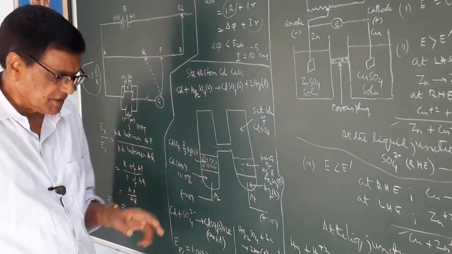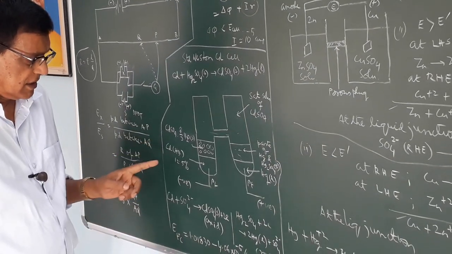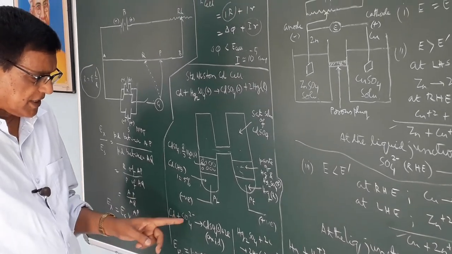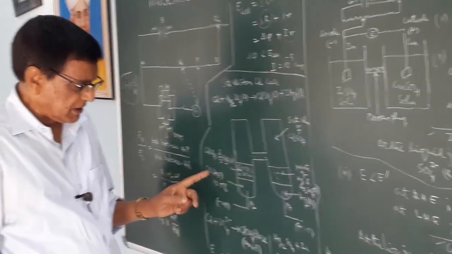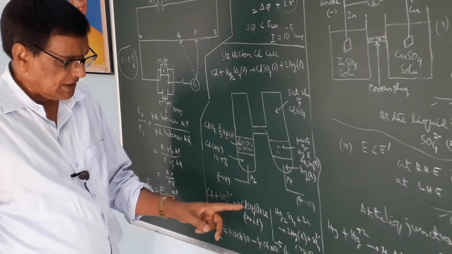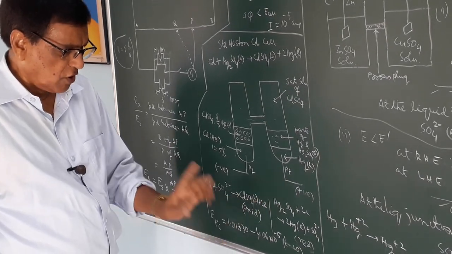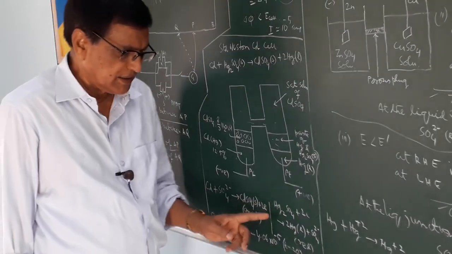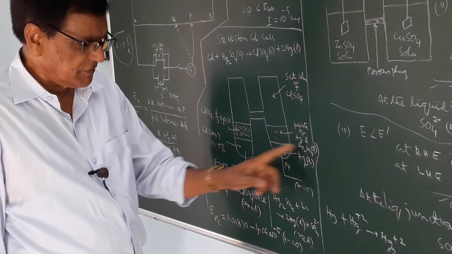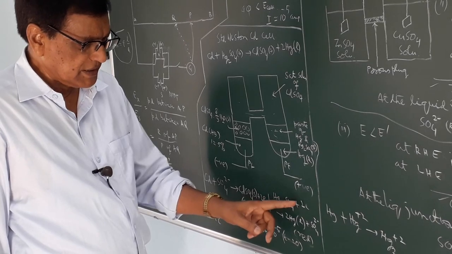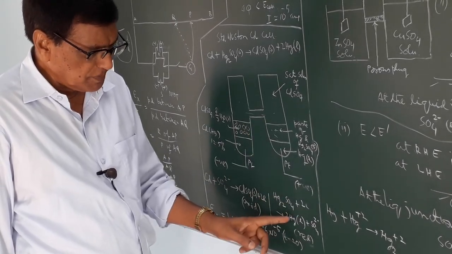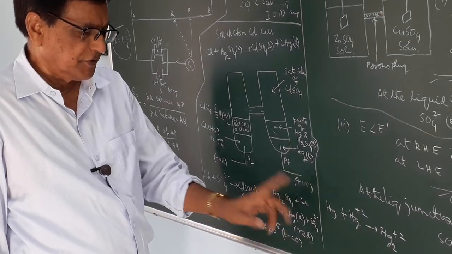If we consider these reactions, cadmium amalgam reacts with sulfate ions, giving cadmium sulfate plus 2e, which is oxidation. On the right hand side there is a reduction: mercurous sulfate takes up 2 electrons from the platinum and gives 2 liquid mercury and sulfate ions.